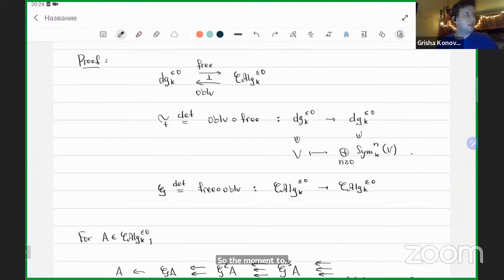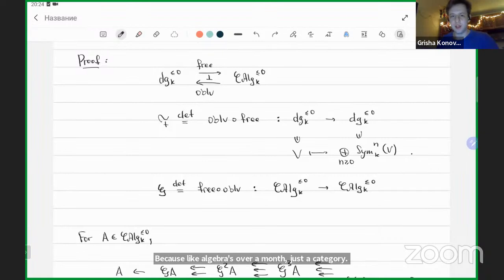This is a trivial statement in classical category theory, because algebras over a monad form a category of diagrams: you have an object V and a map from F applied to V, and the forgetful functor just forgets the map and sends the diagram to V.